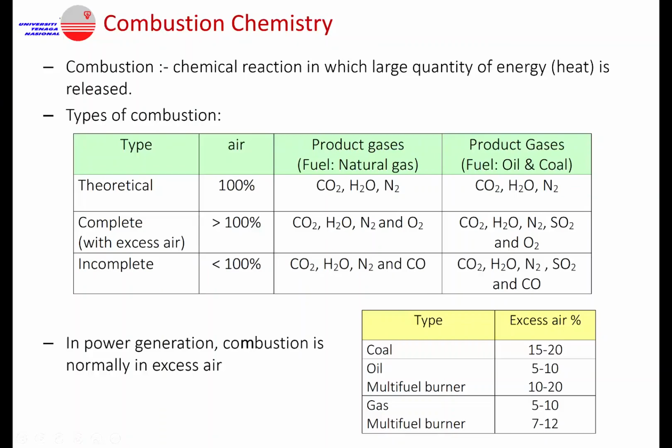For coal, we know that the composition of the fuel are many. One of them is carbon, hydrogen, sulfur, or maybe other types of element as well. For natural gas, we have carbon-based fuel as well, okay, CH4, C2H6, and whatnot. And then for fuel oil, we also have carbon-based fuel.